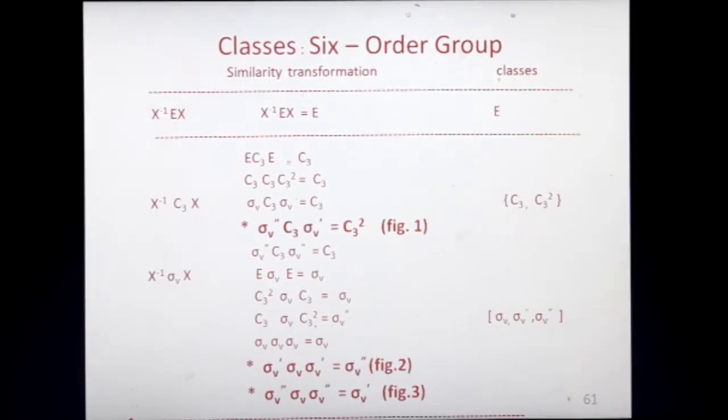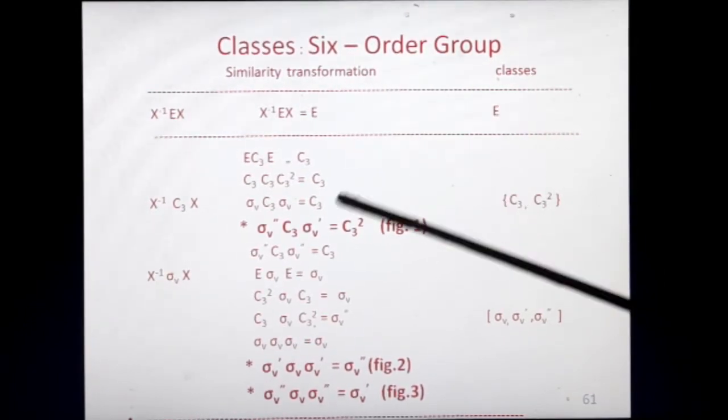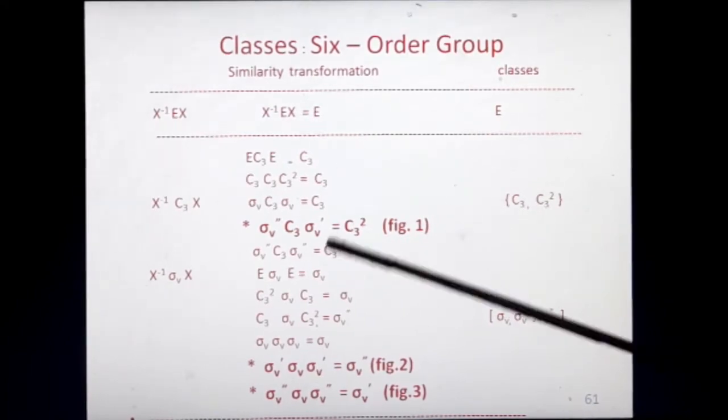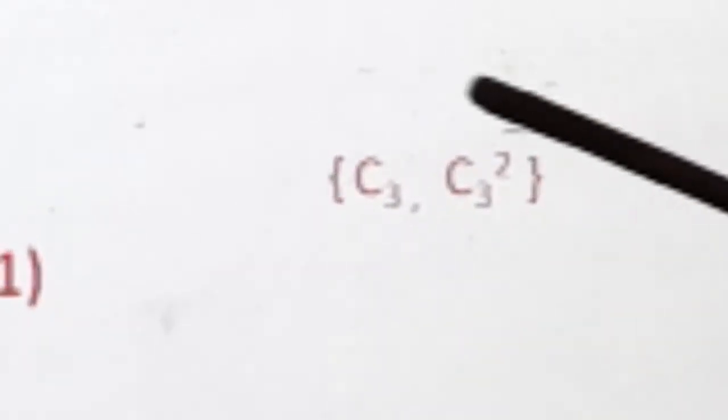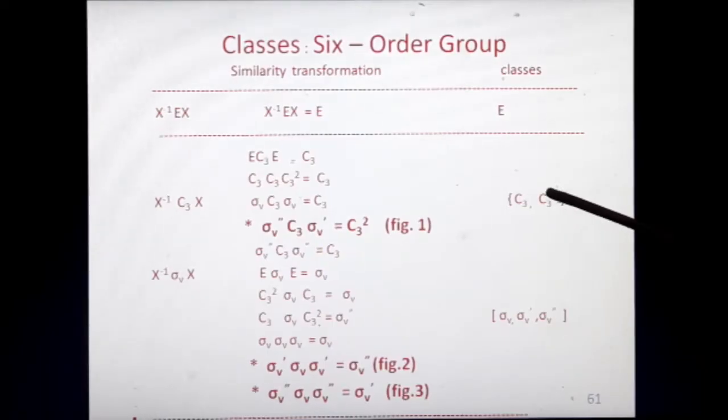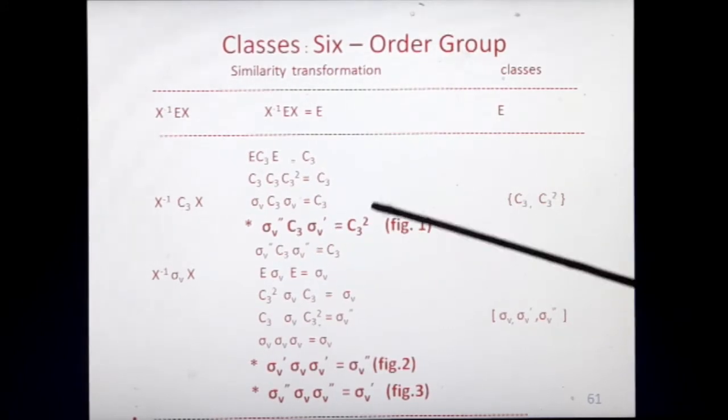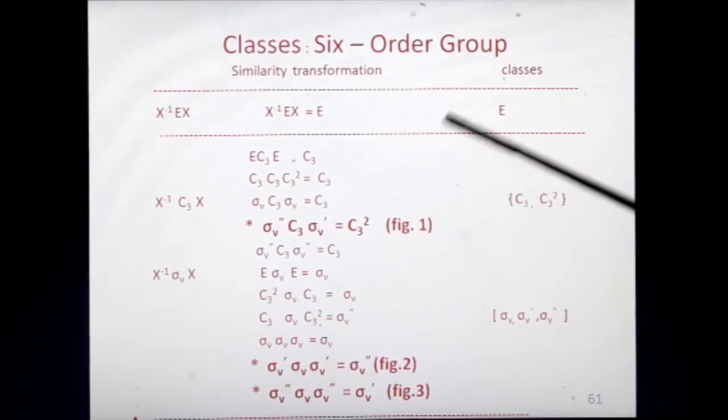But in figure 1, this is very important. Here we have shown that C3 is conjugate with C3 squared by operating C3 with sigma v dash and sigma v double dash. So C3 and C3 squared belong to the same class because they are conjugate to each other.